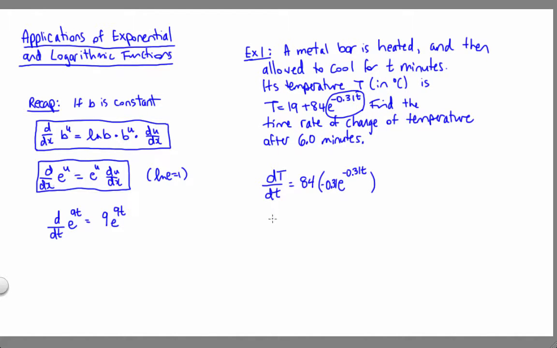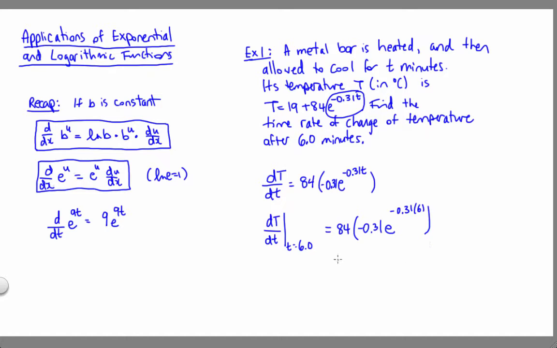Now to finish off, we have to evaluate our derivative at little t equal to 6.0. So let's plug in. We've got 84 times negative 0.31 times e to the following exponent, negative 0.31 times 6.